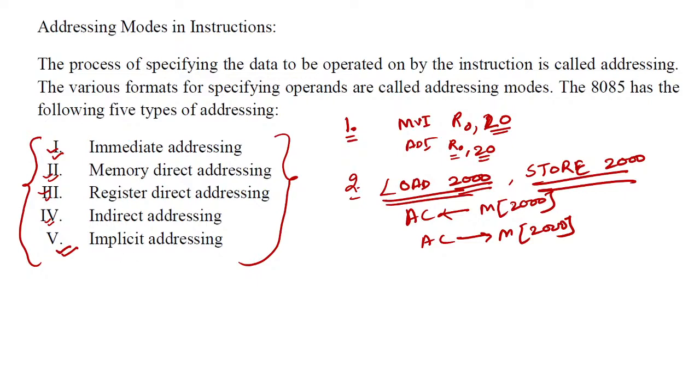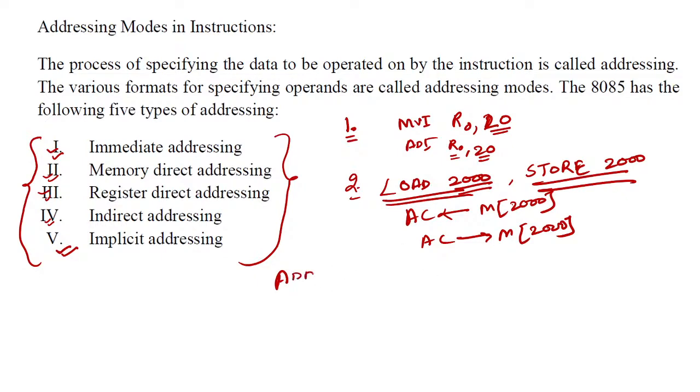A question may come into the exam. The question can be like this: which of the following addressing modes is not supported by 8085 microprocessor? If any addressing mode is having index register or displacement register, it is not supported. Take add 0506.